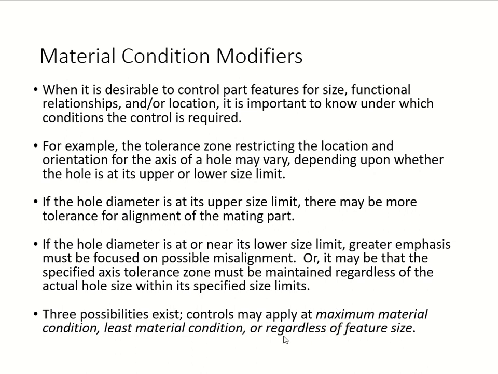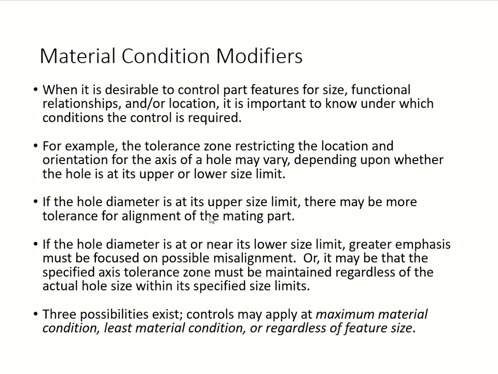All right, the names of the terms are going to get you. These are just the names that we use. Okay, and don't feel bad to learn a strange and weird name like this, but you will get to it. We just call it MMC and LMC, and then RFS.